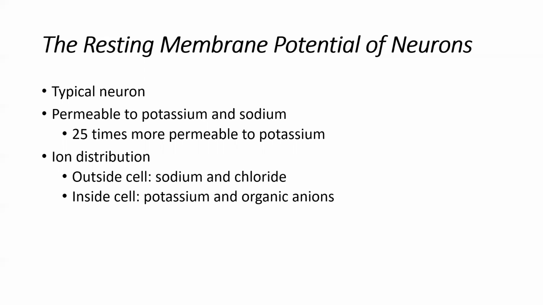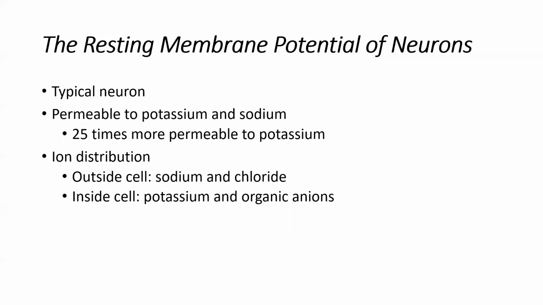And in the case of potassium, there are 25 times more potassium channels on a neuron than there are sodium channels. So we can say that the membrane is 25 times more permeable to potassium than it is to sodium. So there's more of an opportunity for potassium to move than there is for sodium to move. We're going to speak about why that is really important in establishing this resting membrane potential.